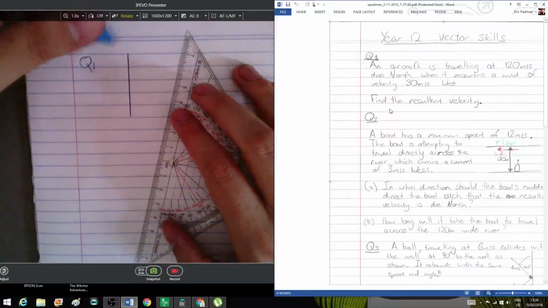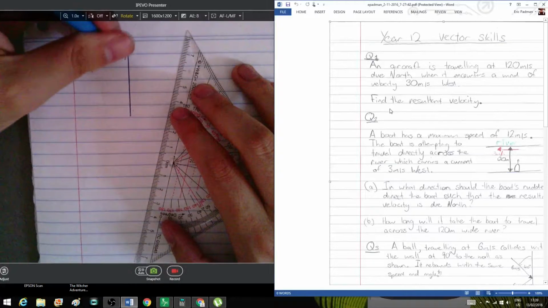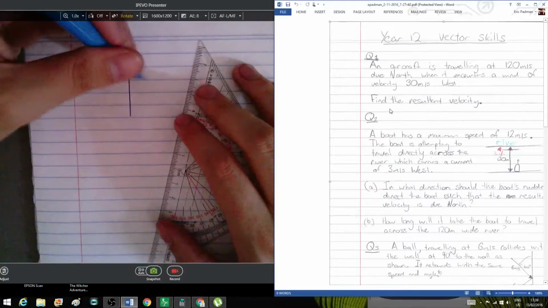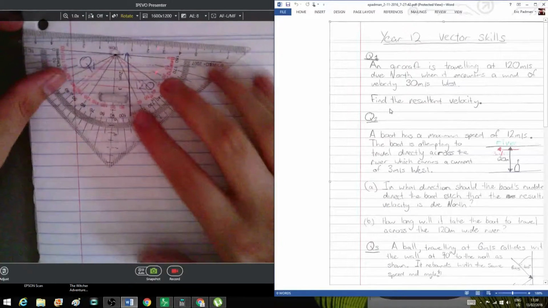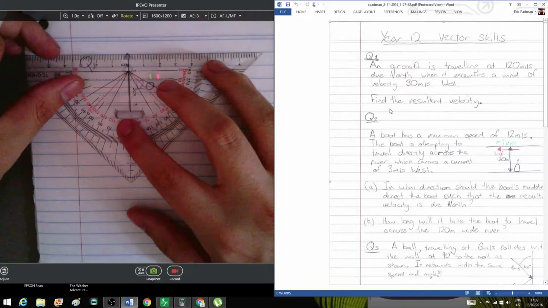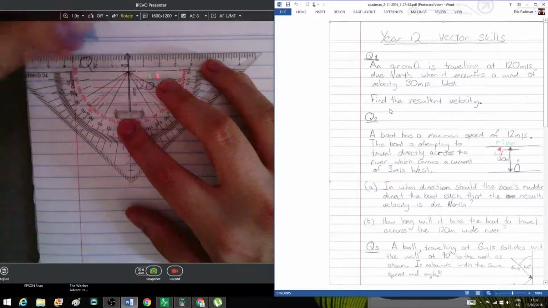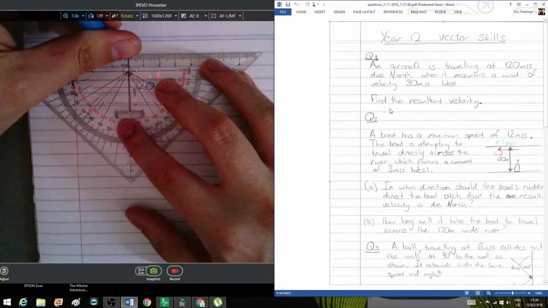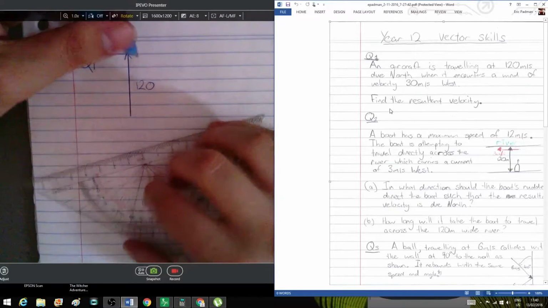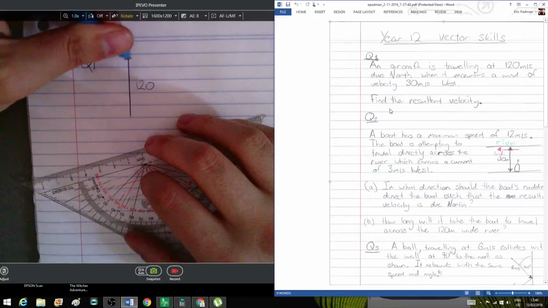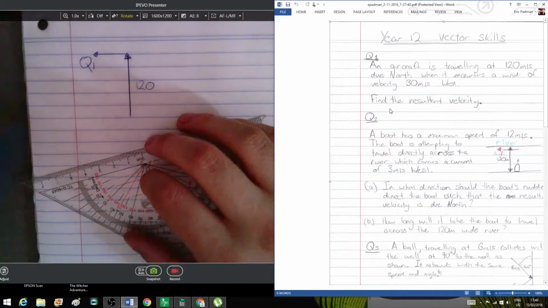We've got a vector which is due north, that's your 120, and a much smaller vector going to the west. I'm not attempting to do this to scale, but the proportions are as close as I can do without actually measuring anything.